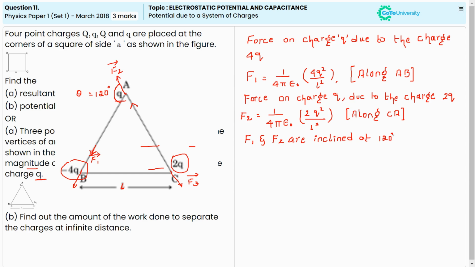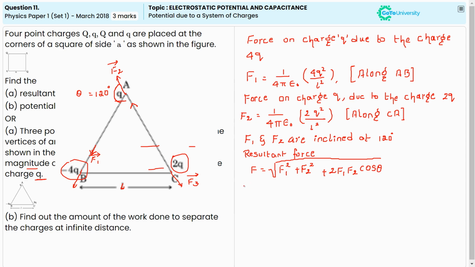Then the resultant electric force on charge is F equal to under root of F1 square plus F2 square plus 2 times F1 F2 cos theta. This theta is nothing but the inclined angle, that is 120 degrees.